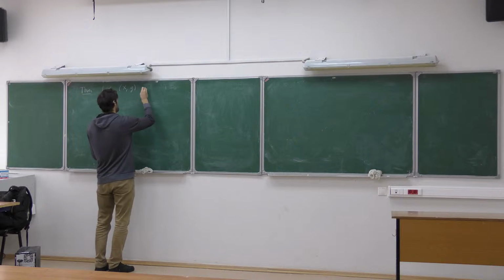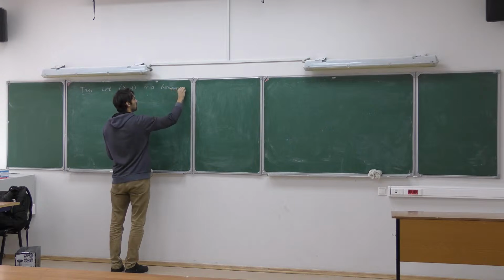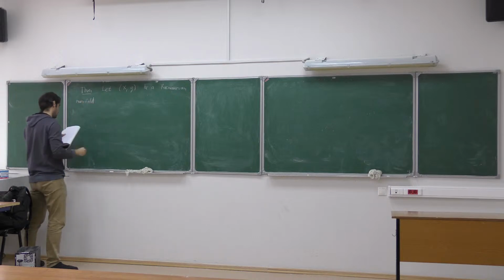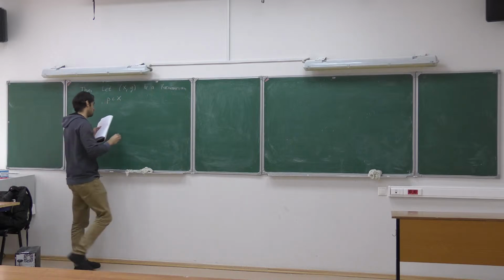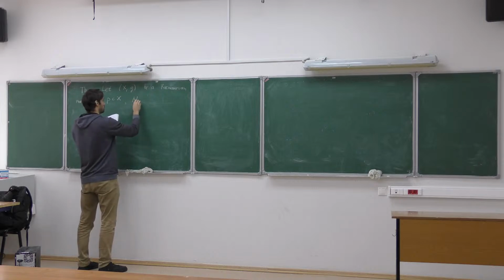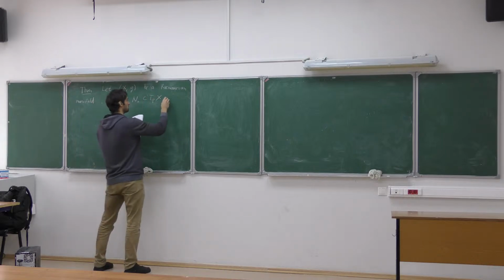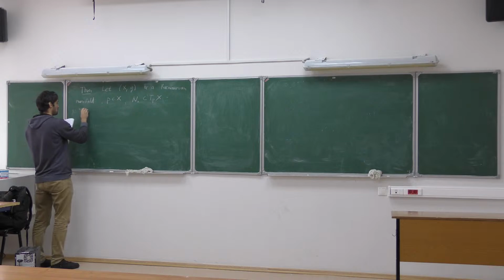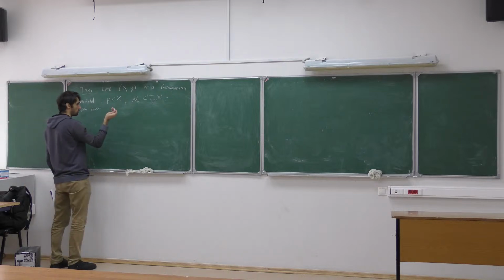Let (X, g) be a Riemannian manifold, and let me fix a point P in X and consider some neighborhood of 0 in T_P X. So this is an open ball, which is also a normal neighborhood of 0.